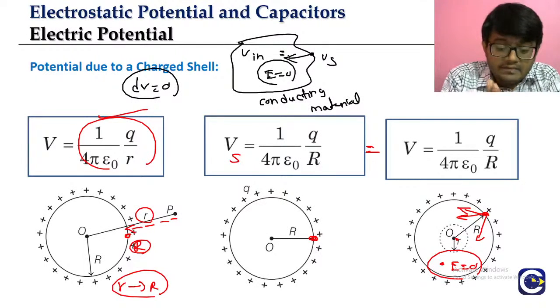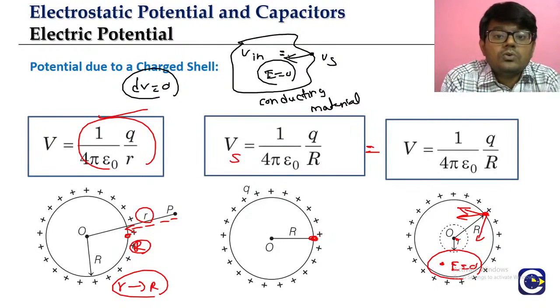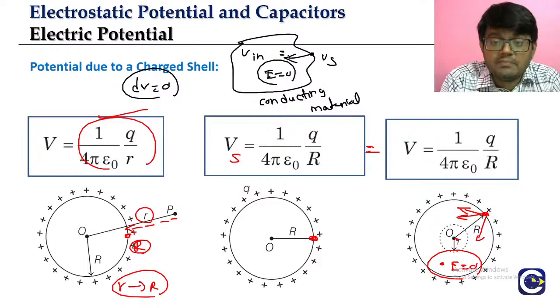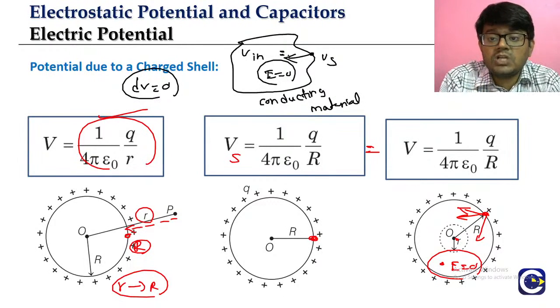Why? When you move from the surface of the conductor to inside, the electric field is 0. So dV becomes 0, which means potential difference is not there. Any point inside the conductor, the potential will be the same everywhere, and the value will be equal to the potential on the surface of the conductor.